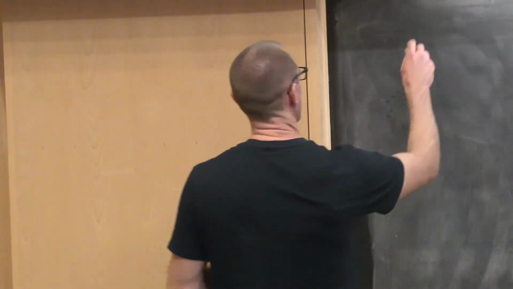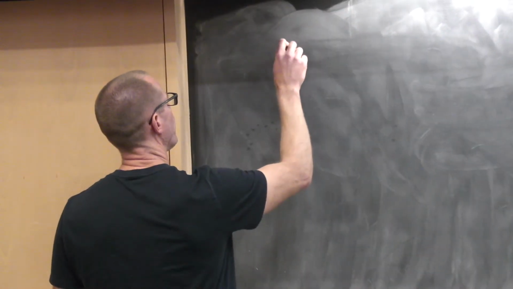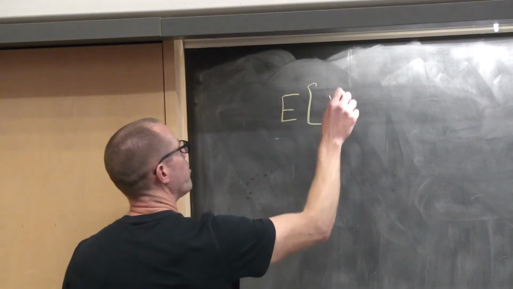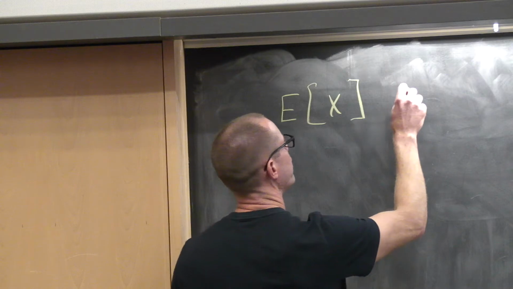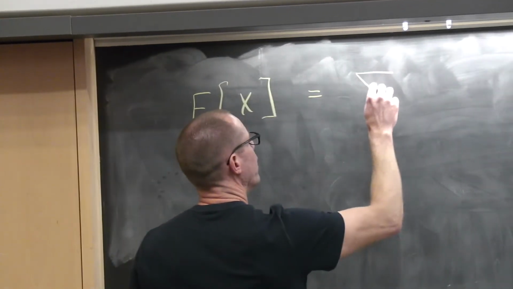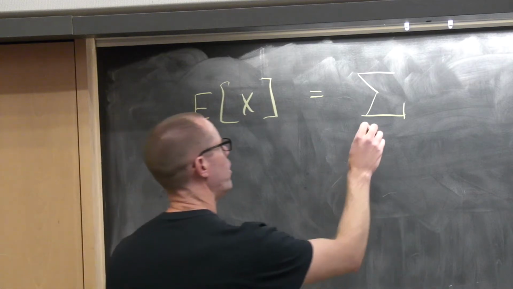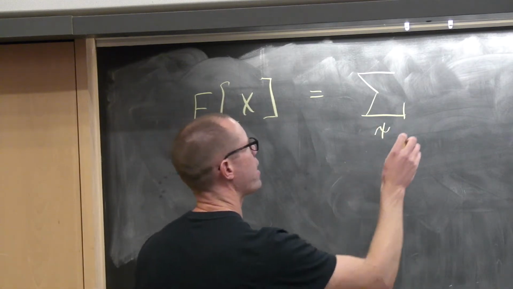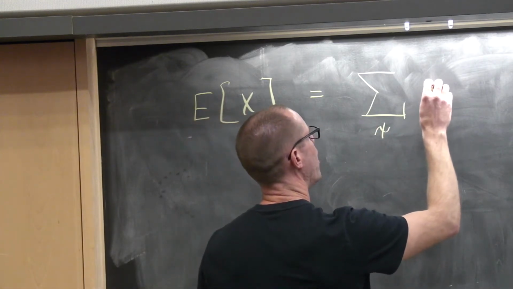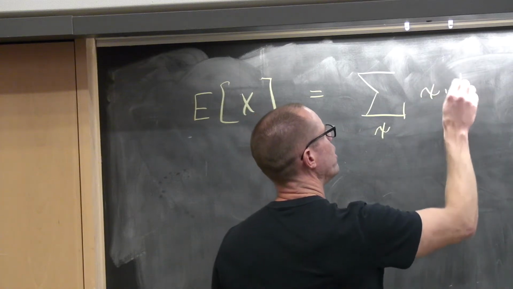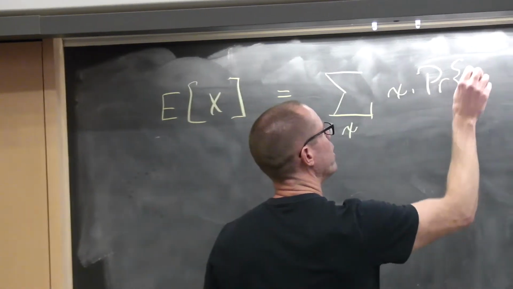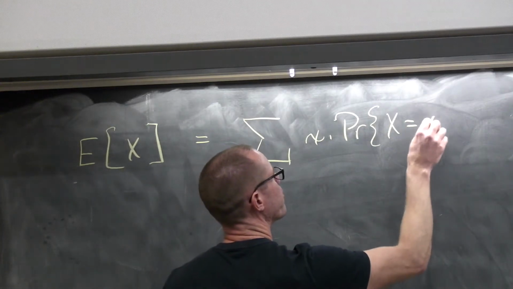And there's this notion of expectation or expected value of a random variable, which is just its average. So if x is a random variable, we might write something like this. The expected value of x is the sum over all possible values that x might take of that value times the probability that we get that value. Okay?